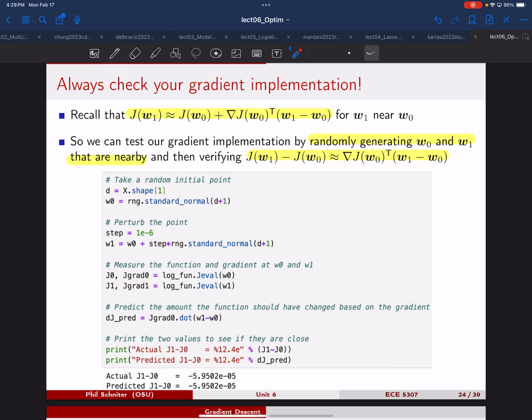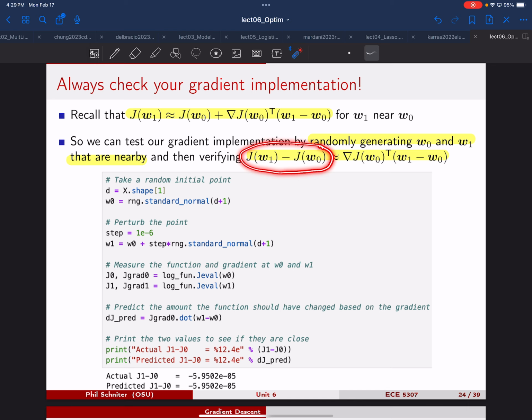With these quantities, we can look at the gradient at W0, inner product with the difference between our vectors, and we'll call this DJ predicted, and we can compare that to make sure that it is close to this quantity here.